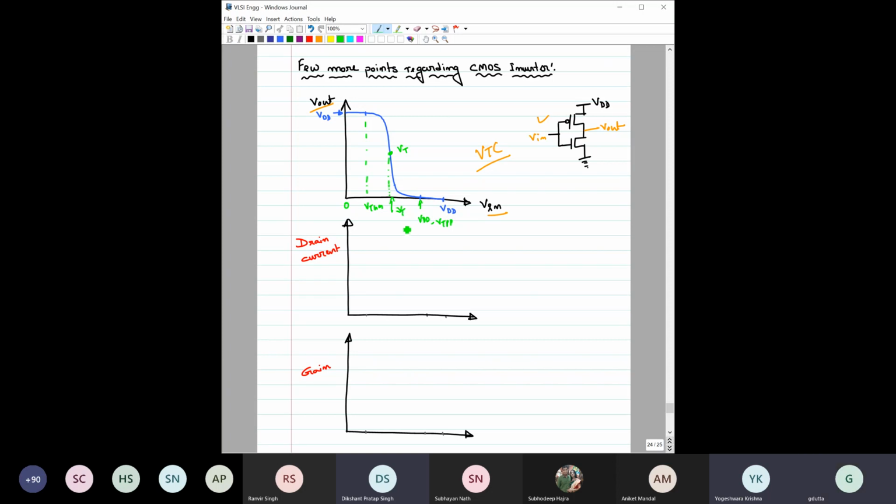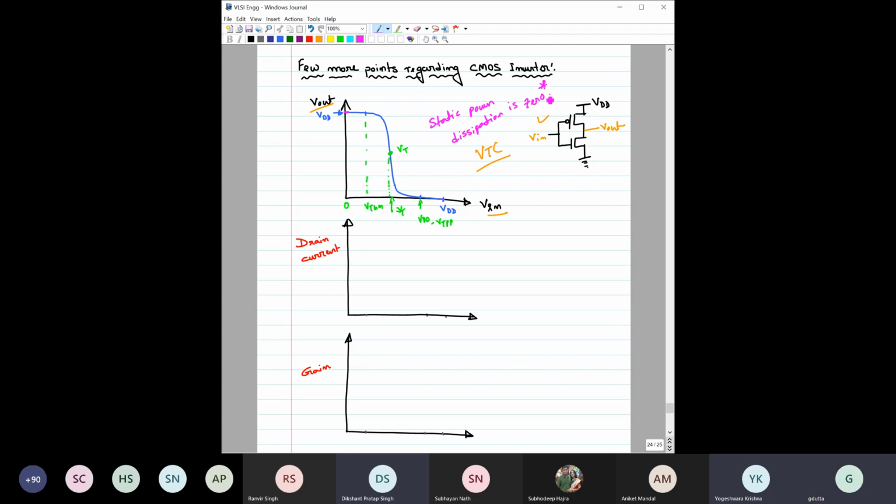Okay, fine. And we have also noticed from here that there is no static power dissipation, because the highest voltage is VDD, the lowest voltage is 0, and at the same time when this PMOS is on, NMOS is off, and vice versa. So there is no static power dissipation, 0.